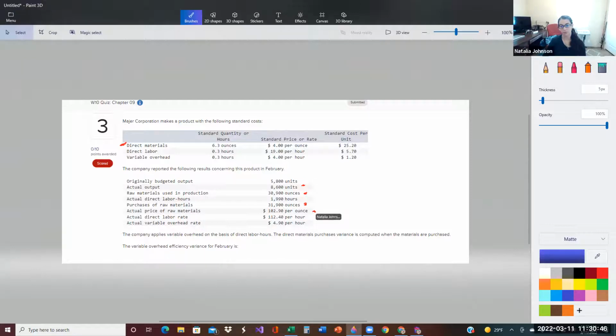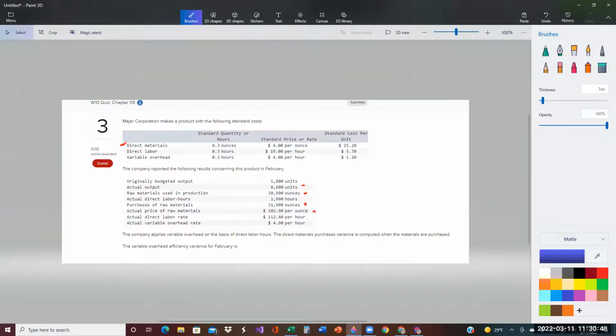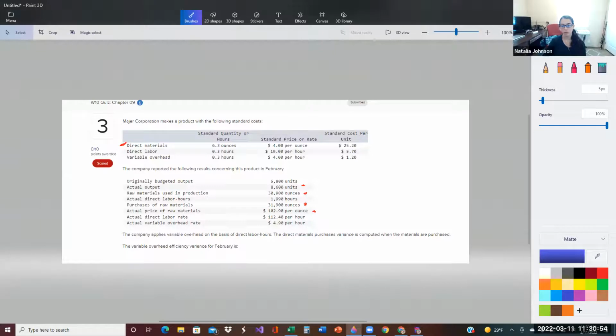And that's it. We're doing the direct materials. So we will have to do the purchase and the used. So let's do column 1, column 2, and column 3 right here.